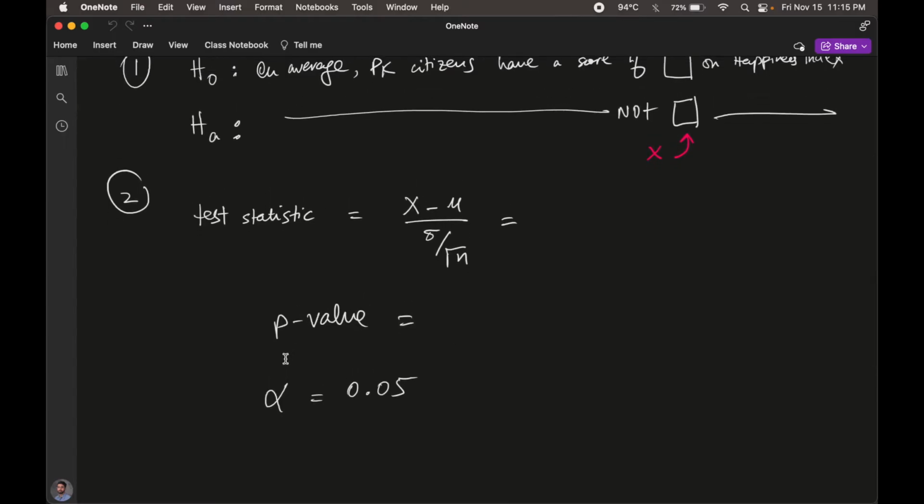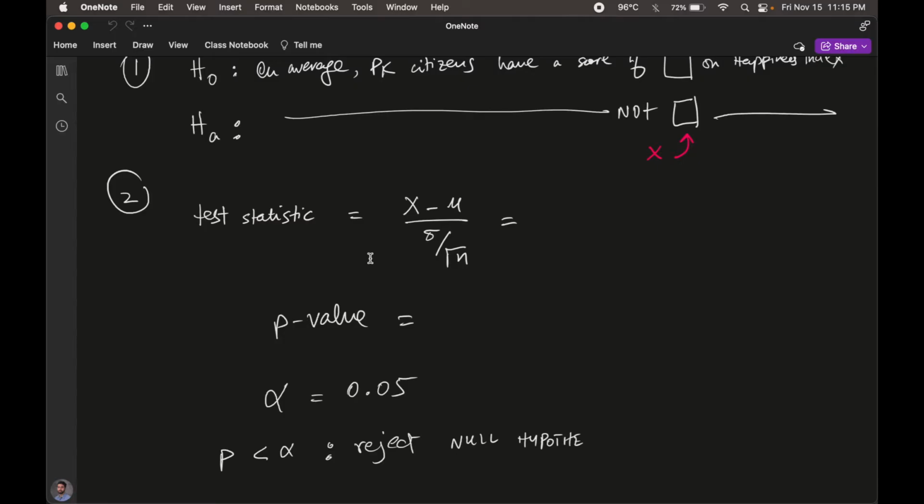We'll compare our p-value to this alpha level, and if our p-value is less than alpha, we will have a very simple decision, which would be to reject the null hypothesis. We will go into the interpretation towards the end.